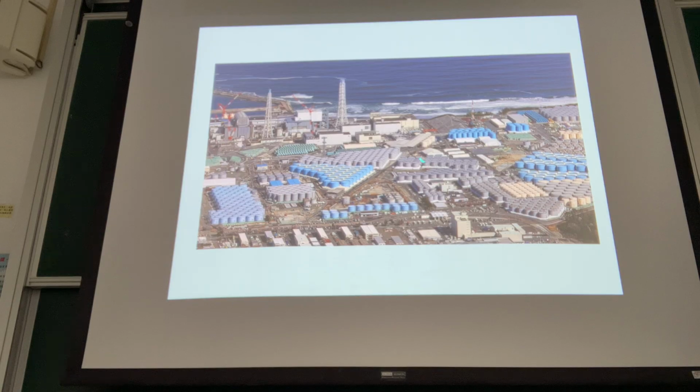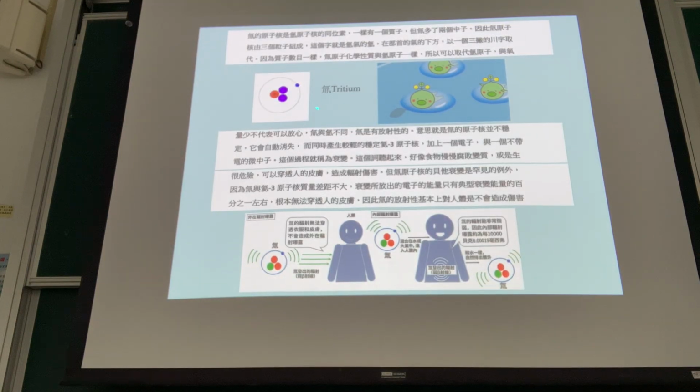Okay, they store all the radioactive wastewater from cooling down the nuclear power plants into tanks, one tank after another, all full of water. Not just water. If it's just water, then just give it out to the ocean. But it's not, because inside this water, some of the hydrogen is not ordinary hydrogen. It's an isotope of hydrogen called tritium.